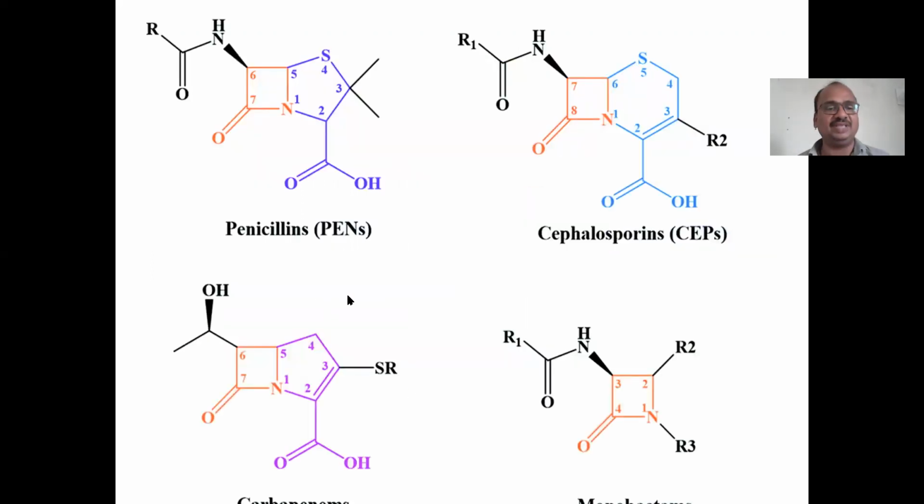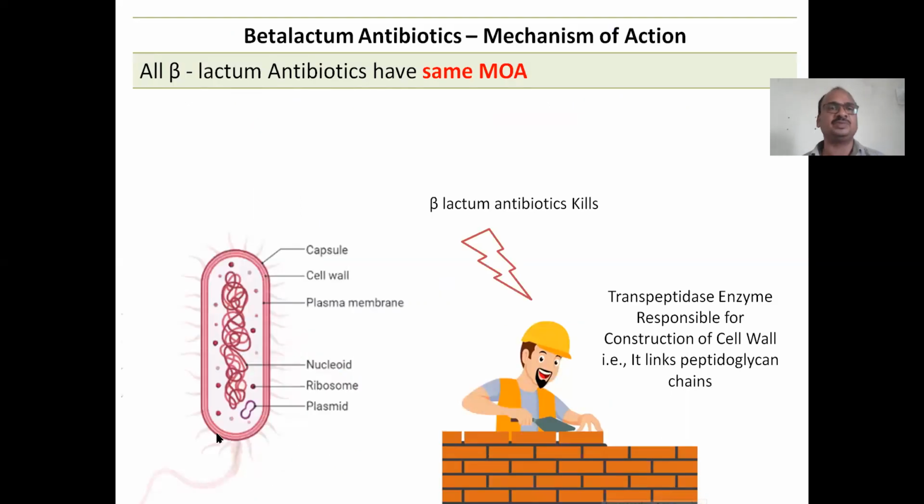Here you can see PCMC, penicillins. The beta-lactam ring is there. Observe the beta, focus only on the target. See here, beta-lactam ring. This is also a beta-lactam ring. Penicillins, cephalosporins, carbapenems have a beta-lactam ring. See here, monobactam, the beta-lactam ring is there.